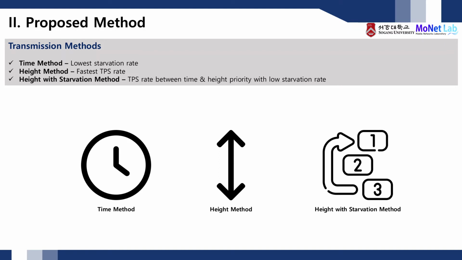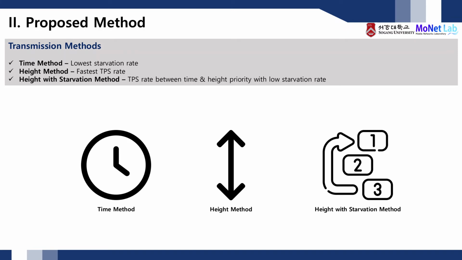Therefore, the transaction at the root level would have a height of 3. Applying this height method would lower the overall height of transactions during transmission and result in high TPS rates. However, it would bump into the starvation problem since several transactions would be transmitted ahead of their original turn.